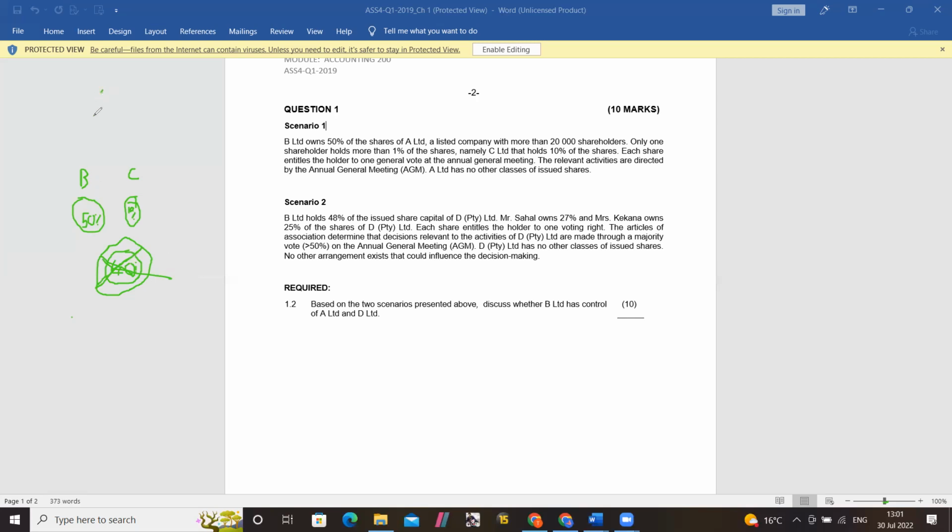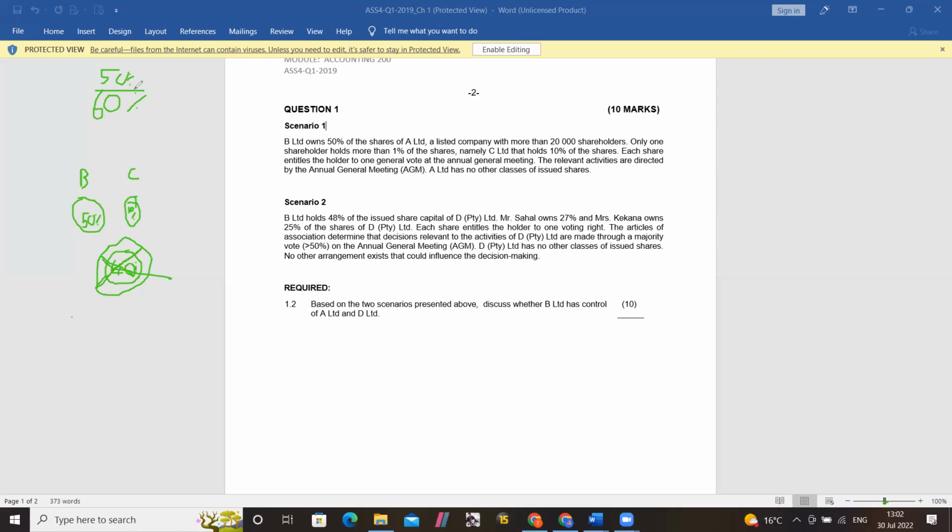So the decision making power is 60% in total. This is the percentage of the company that can actually make decisions, and B has 50 out of that 60%. If you say 50 divided by 60 times 100, you get 83%, which is more than 50%.